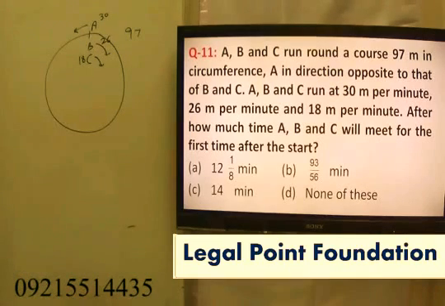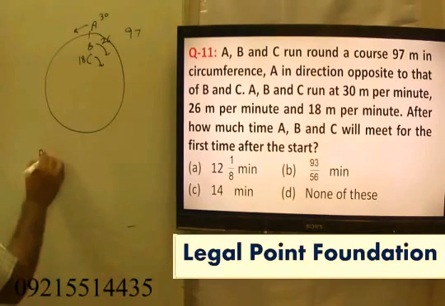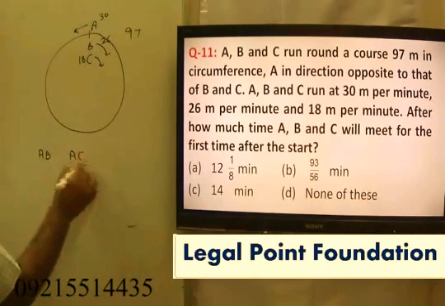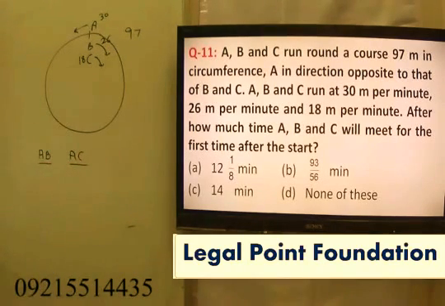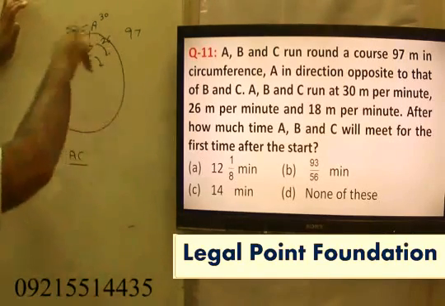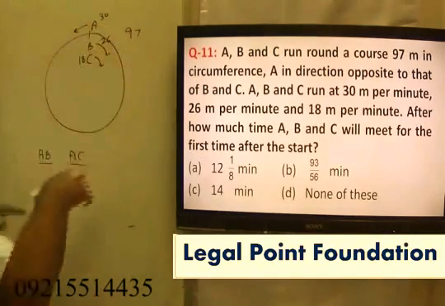For the first time, what strategy do we apply? For that, we first of all have to take the pairs and find after how much time A and B meet and after how much time A and C meet. Okay? For AB, the total distance was 97 and the relative speed is 56.